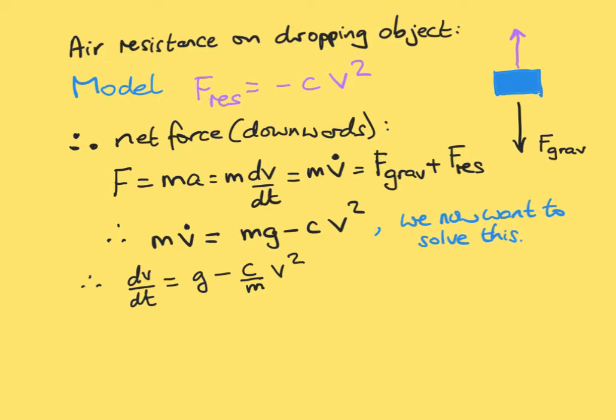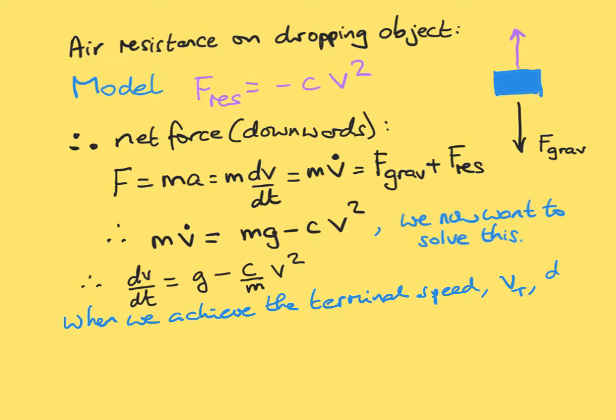So what we say is that when we achieve the terminal speed, which I am going to call v sub T, I'll use a capital T for it so as to distinguish it from time, then the derivative of the velocity will vanish.